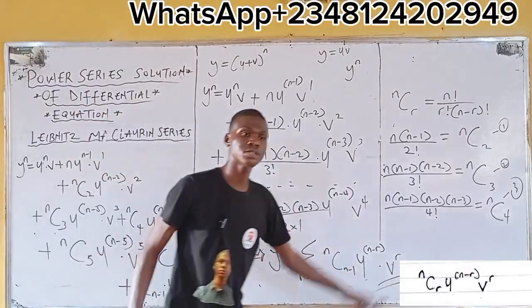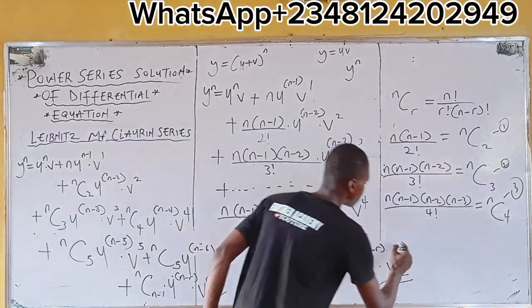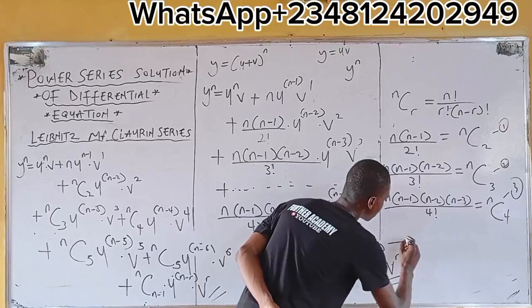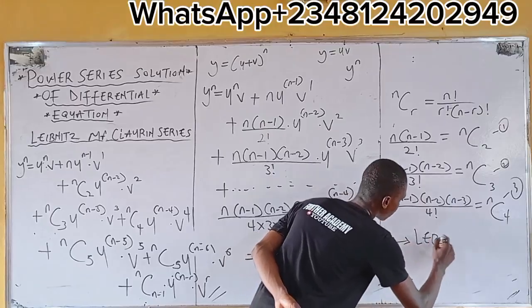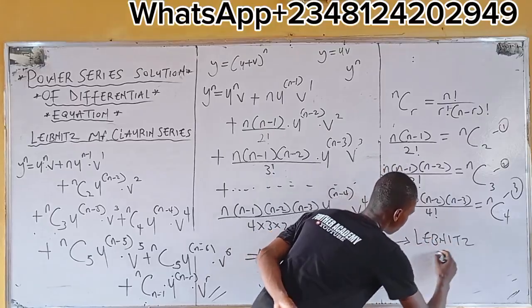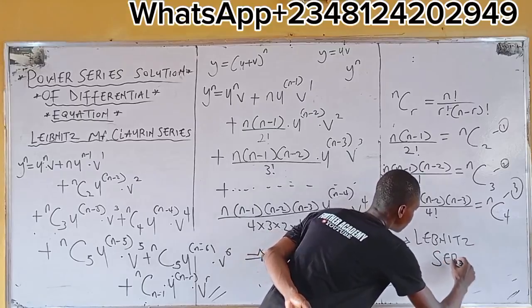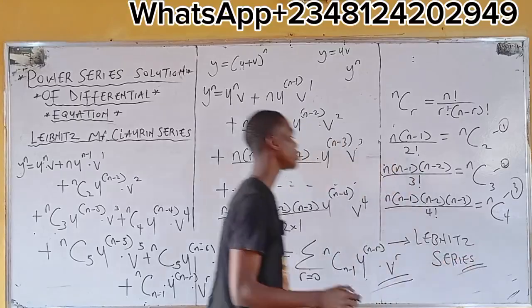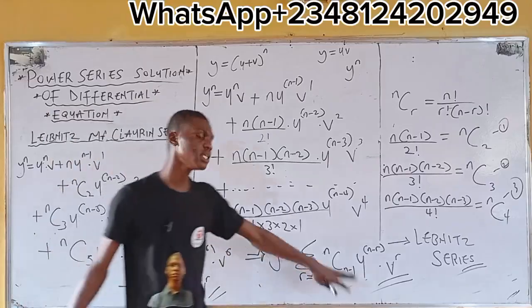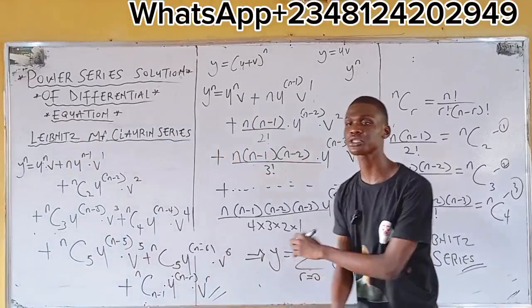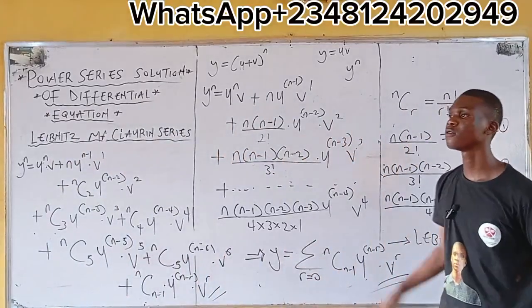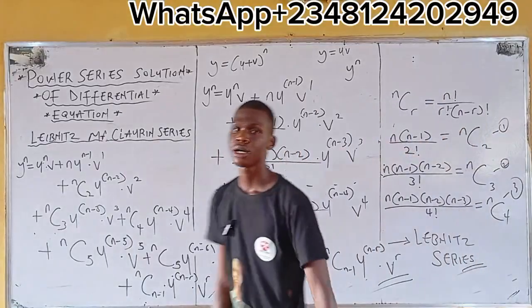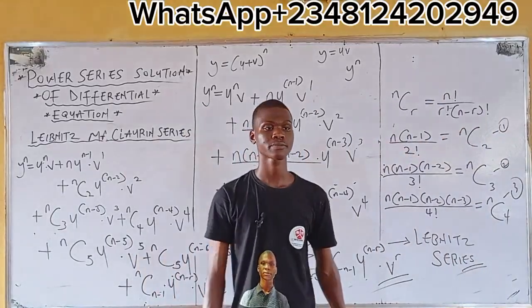Meaning this is the series solution, and this is what we refer to as the Leibniz series. Any question? So this is the idea of the Leibniz series. So this is what Leibniz series means.